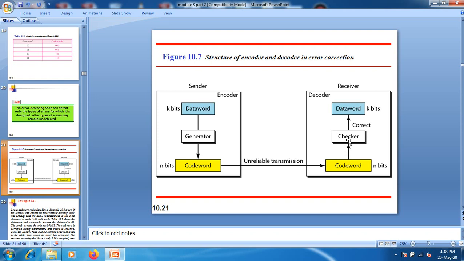If the bits are corrupted, if it is not a valid code word, in that case it needs to correct it, and after that we need to extract the k bits from it. Okay, it is a difficult one. There is one particular method we use, that is Hamming codes, which is used for error correction purposes. But unfortunately that is not a part of your syllabus.